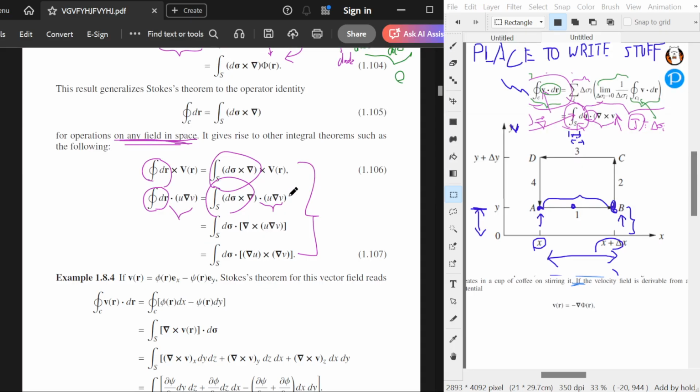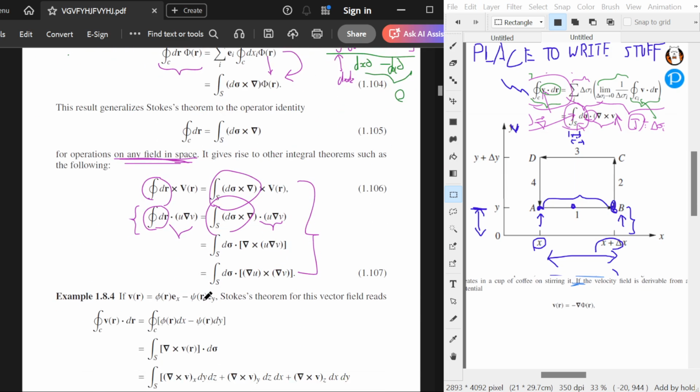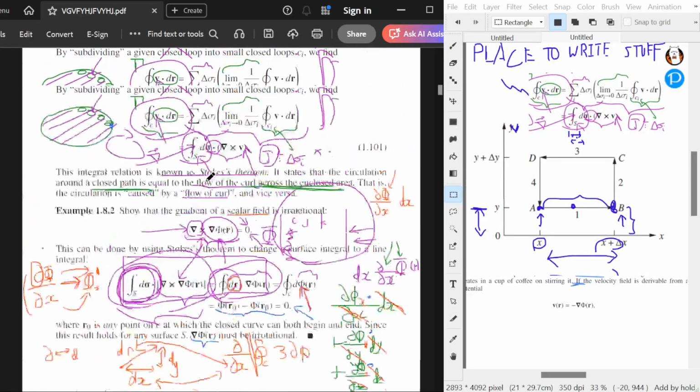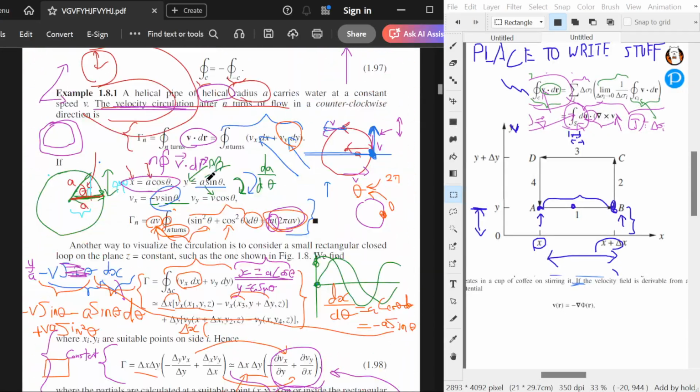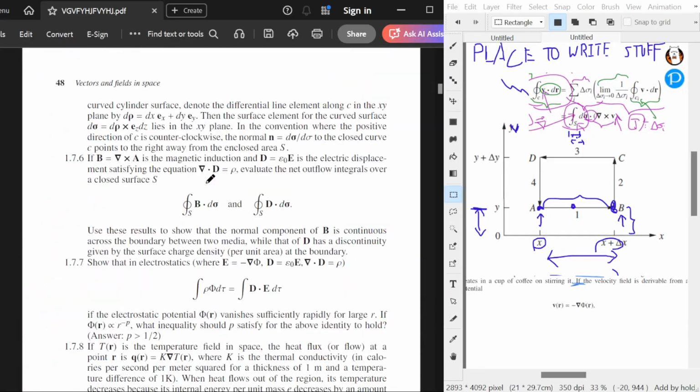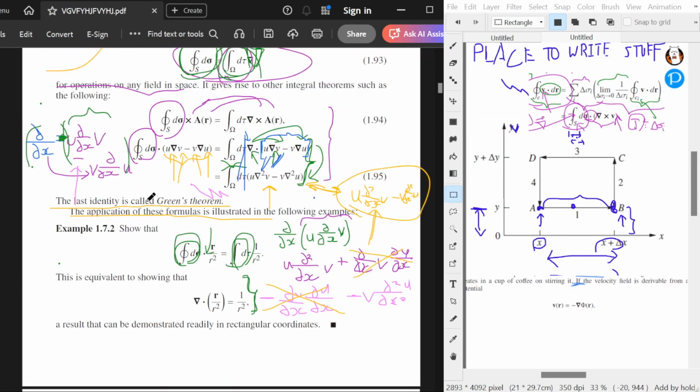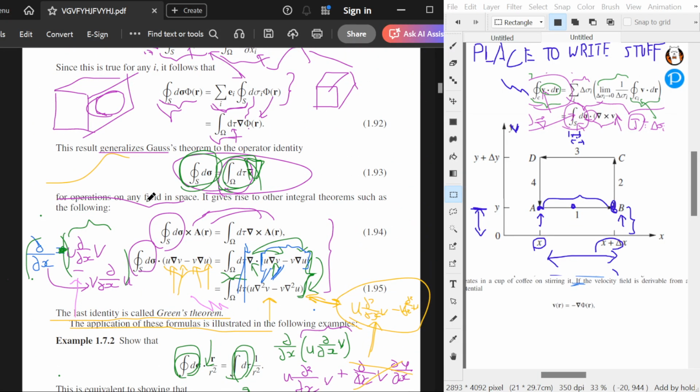I think previously this is something like Green's theorem, but what is the difference between this and this? What is Green's theorem? Green's theorem, surface and volume.